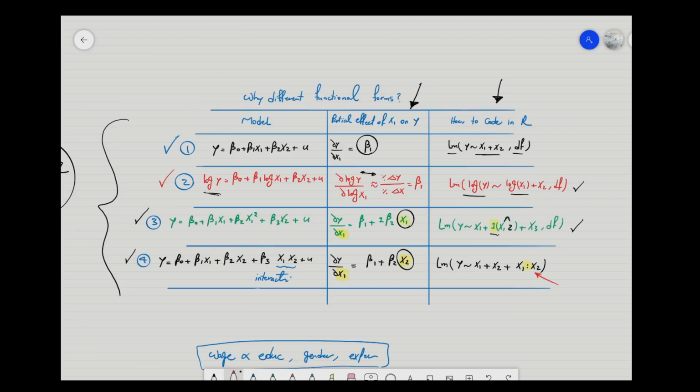How can I put the interaction terms in R? If you want to write this equation in R, you will say, okay, regress y on x1 and x2 and x1 colon x2. Okay, so this is how we do it in R. So for example, if you want to write this in R, you have to say education colon female, the names of the explanatory variables. Okay, that's it.